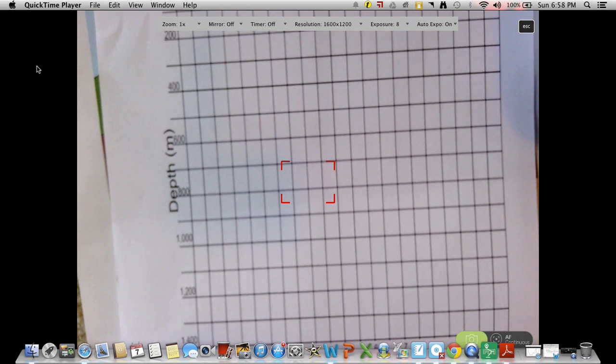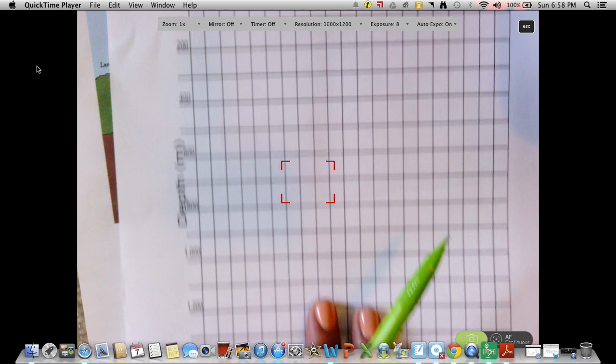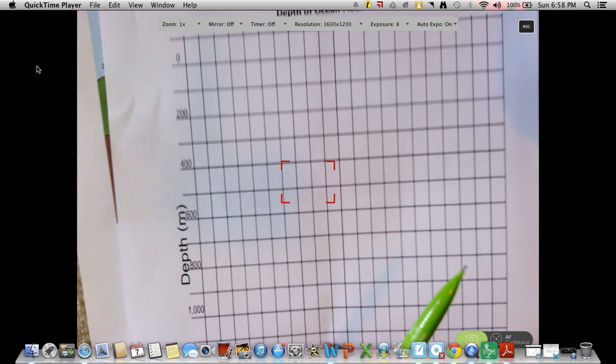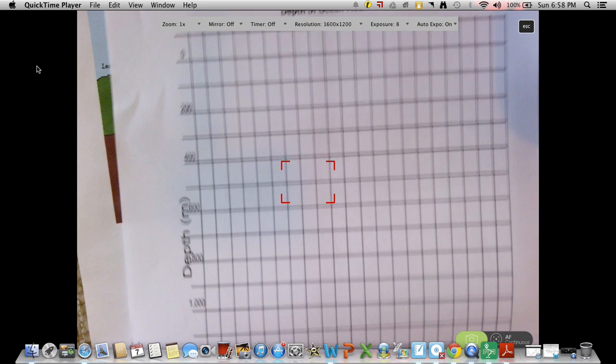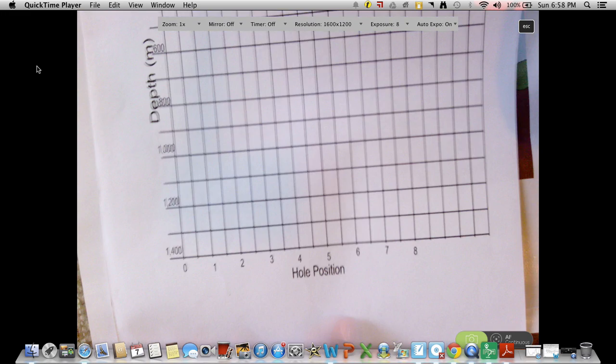You have your depths starting at 0, and you have your locations, or the holes that we have there, which are here.